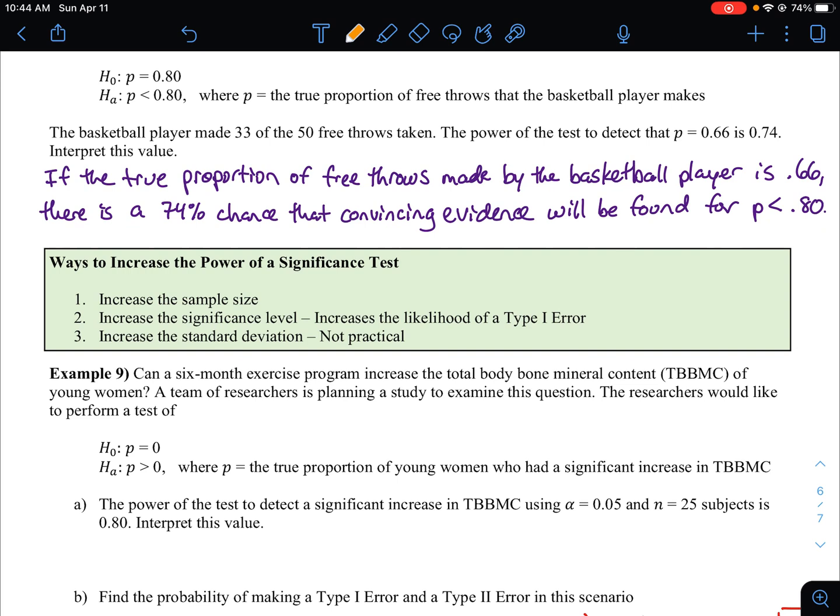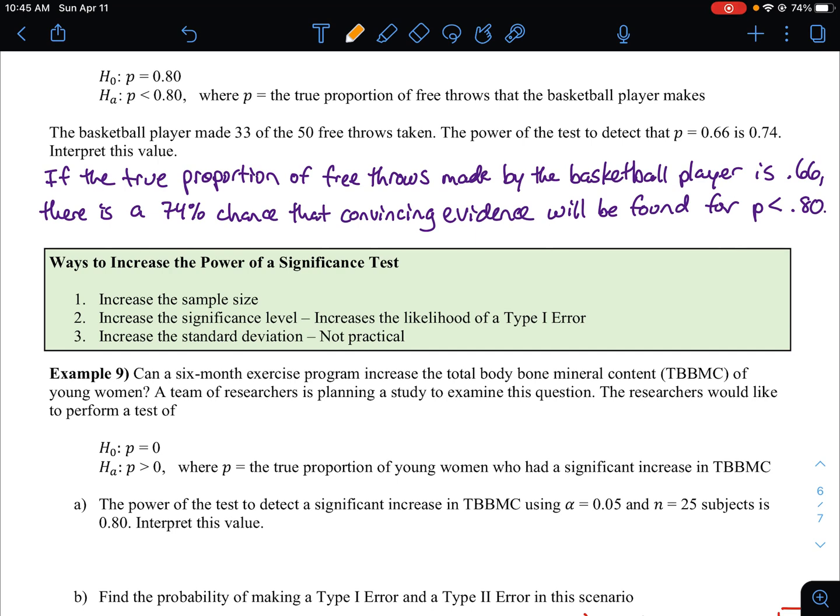So 3 ways that we can increase the power of a significance test. 1, increase the sample size. It's our general solution to everything in statistics: make a larger sample size. 2, increase the significance level. As I just mentioned, as alpha goes up, the probability of a type 1 error goes up, which in turn means the probability of a type 2 error goes down.